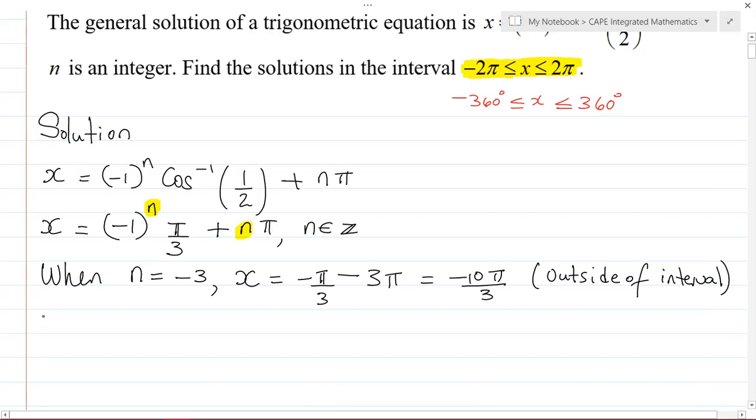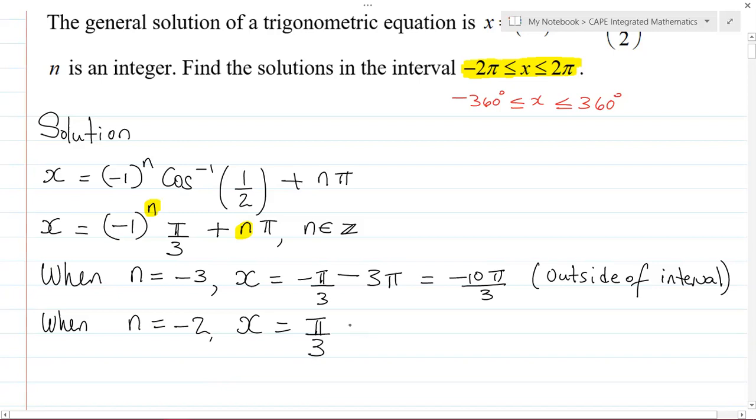So let us now try when n is equal to -2. As I said before, I'm trying integer values from -3 to 2. So when n equals -2, we're going to have -1 to the power of -2, which is going to be a +1, multiplied by pi over 3, which will give me pi over 3.